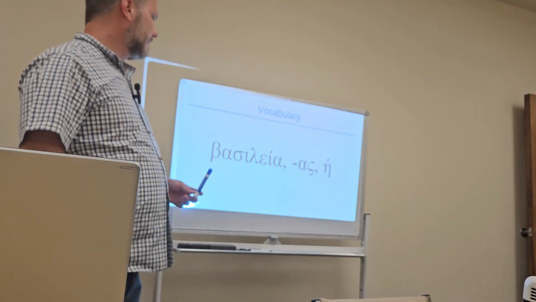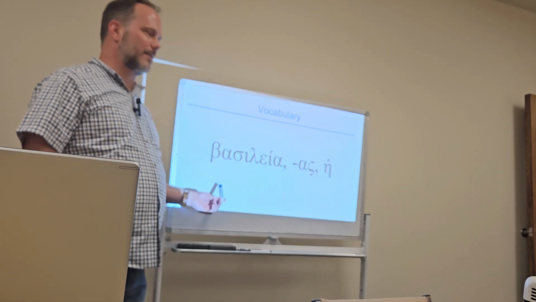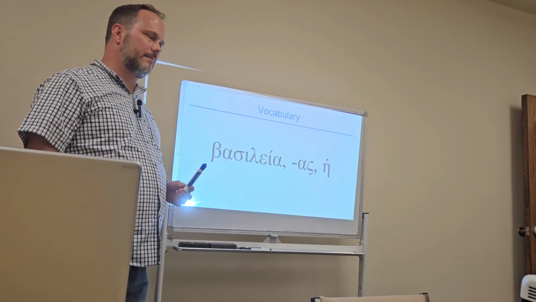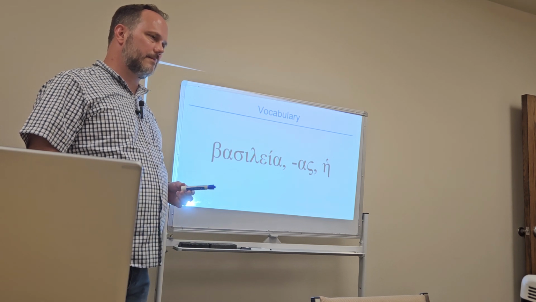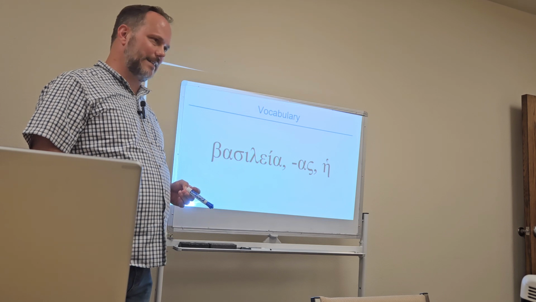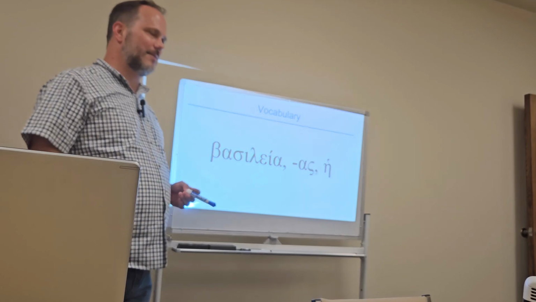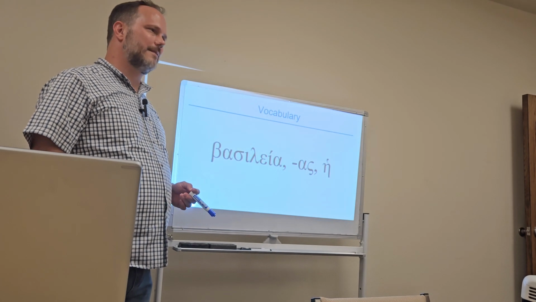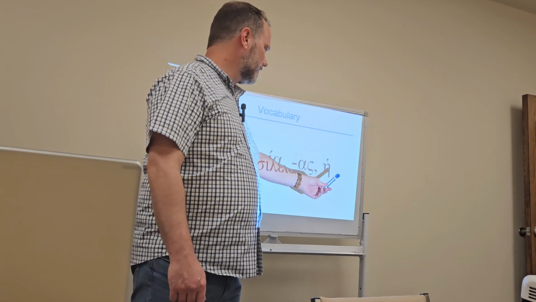Okay. Anybody want to take a stab at pronouncing this? You've had it. You pronounced it exactly. Say it again louder. Perfect. Yes. And then we have our paradigm ending.